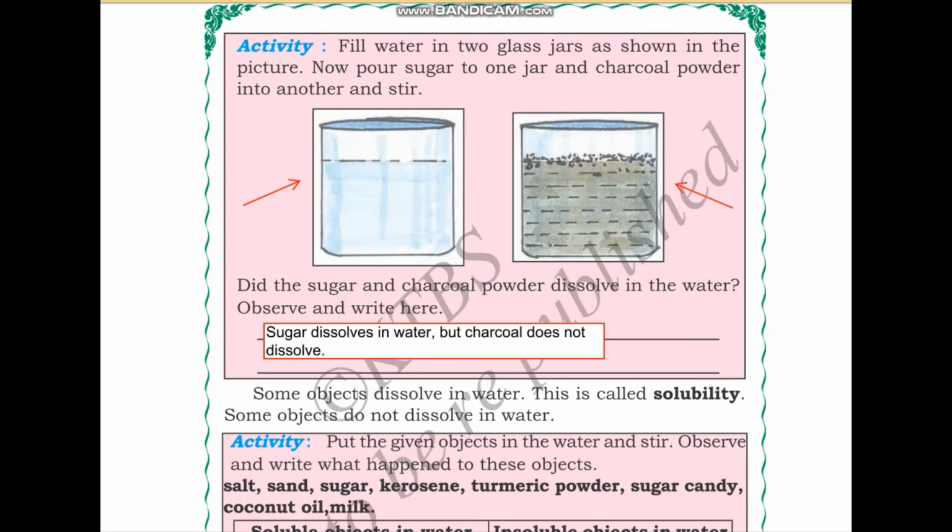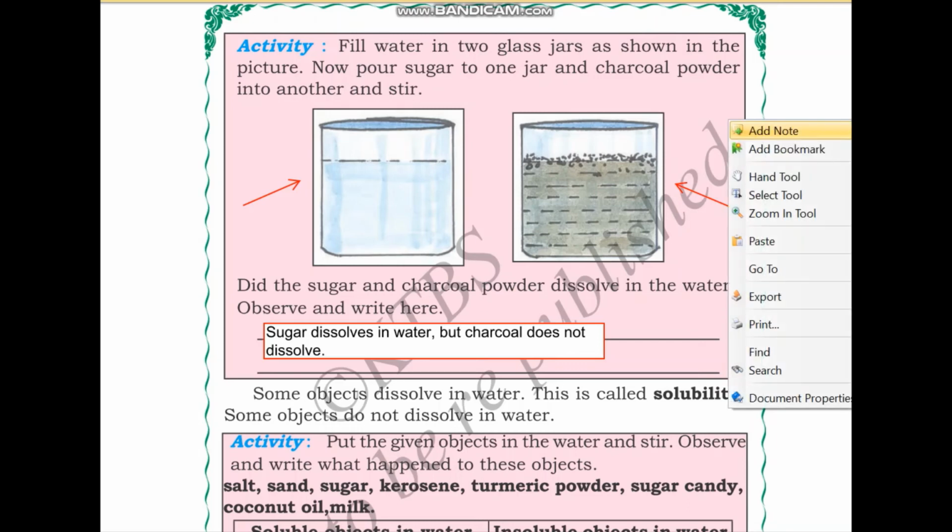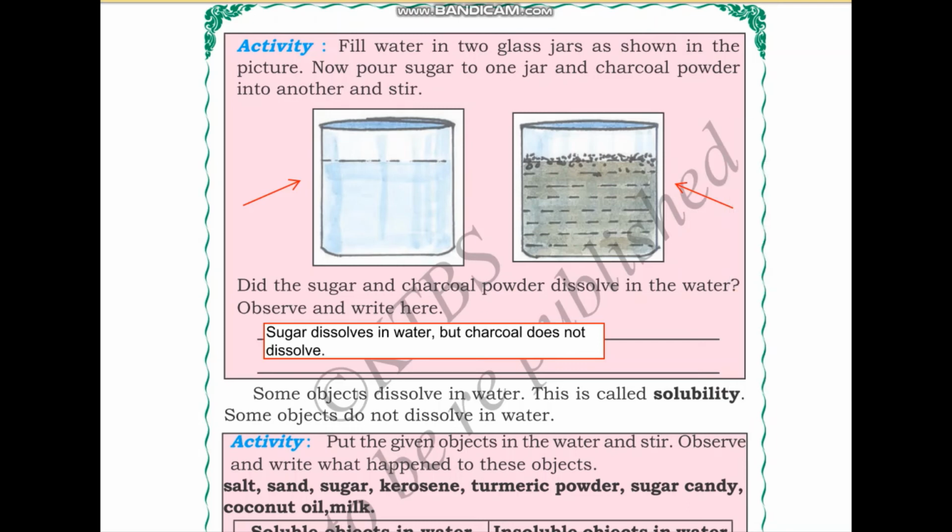Why is that? Some objects dissolve in water. This is called solubility. The property by which objects dissolve in water is called solubility. Some objects dissolve and some objects do not dissolve in water.